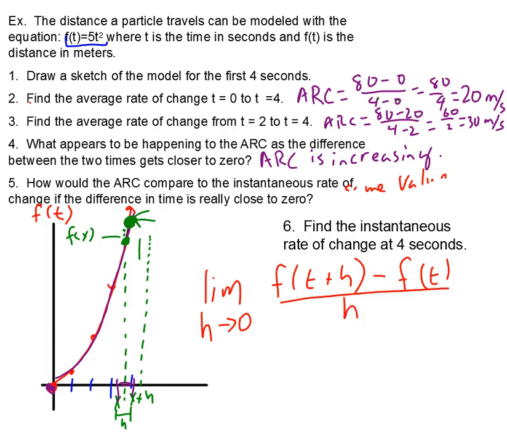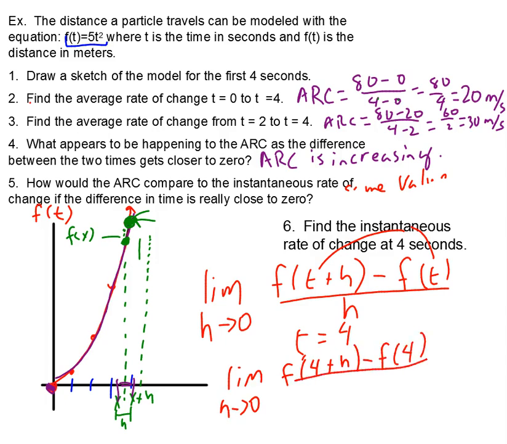Well, I know that my time is at 4 seconds. So I can put a 4 here, and I can put a 4 here. So I want to find the limit as h approaches 0 of f at 4 plus h minus f at 4 over h.